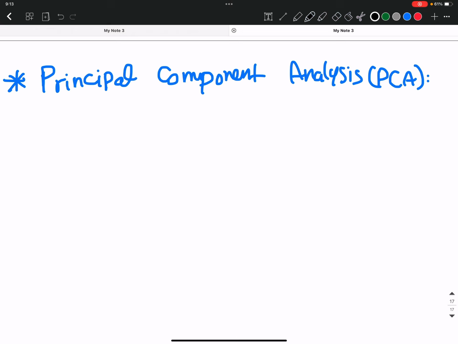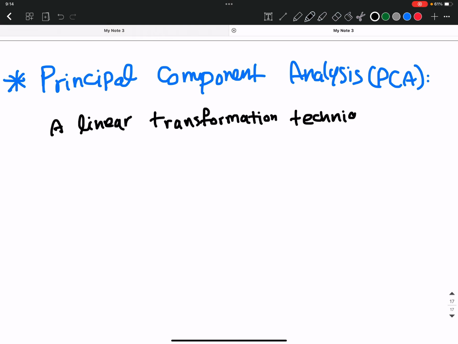So it's actually a linear transformation technique to reduce dimension in machine learning.